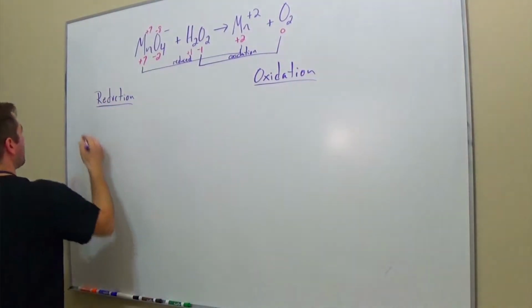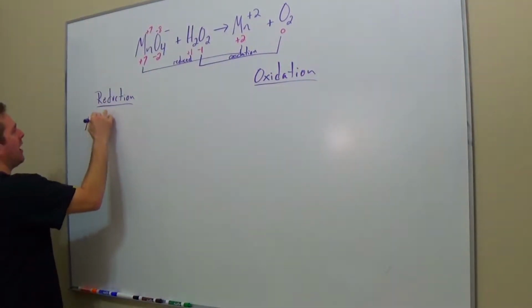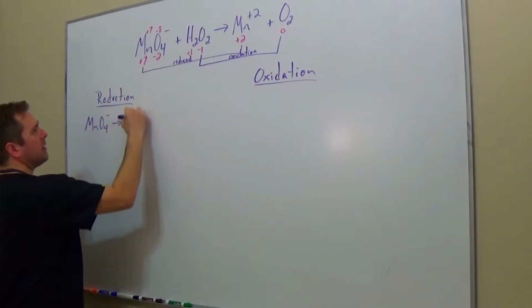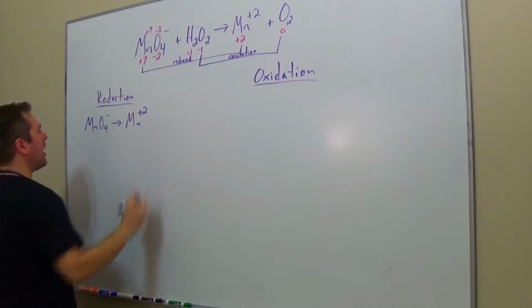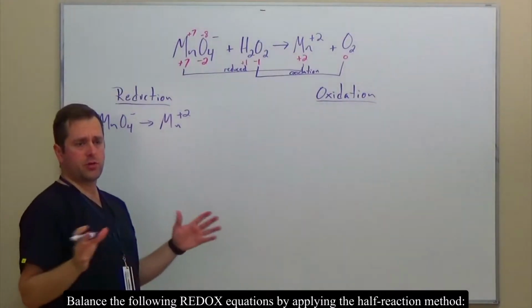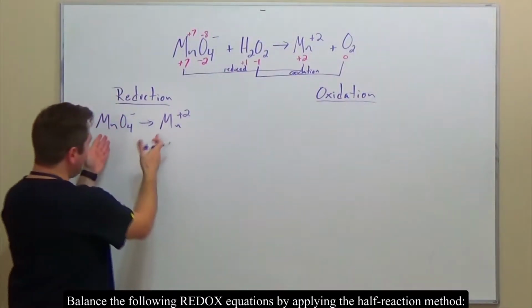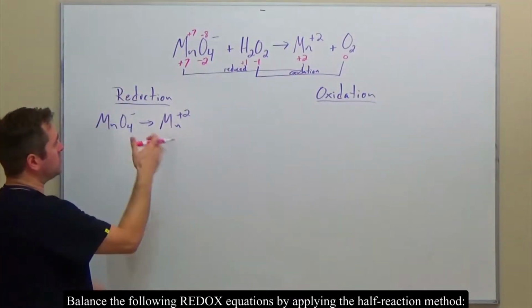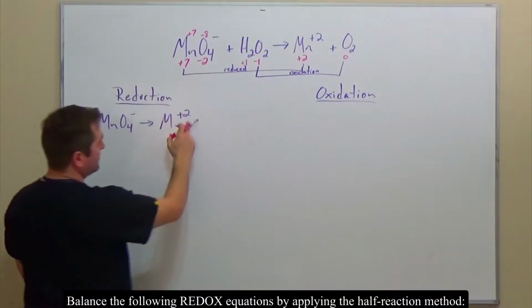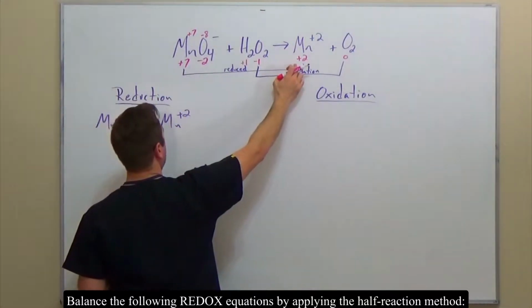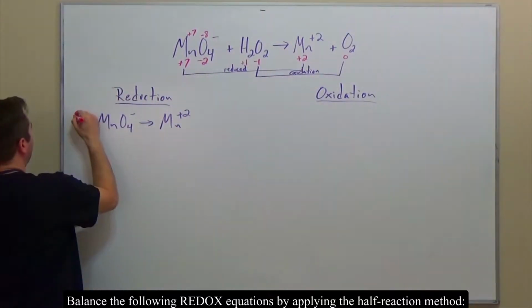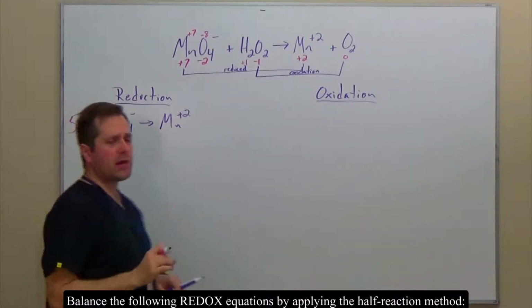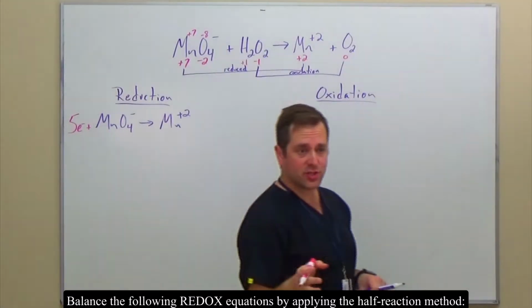Okay, let's go for it. Permanganate ion, and we ended up just getting manganese 2 ion. Step number 1, make sure that the manganese is balanced, and it is. So now we're ready to focus on the charges. Which manganese was more positive? Obviously +7. We need to bring it down to a +2 level by adding 5 electrons. Now we're ready to focus on the oxygens.